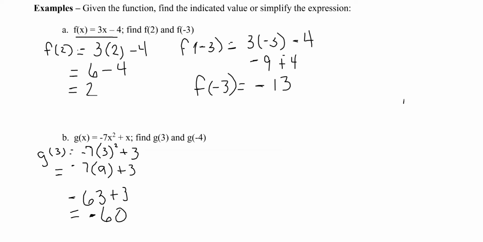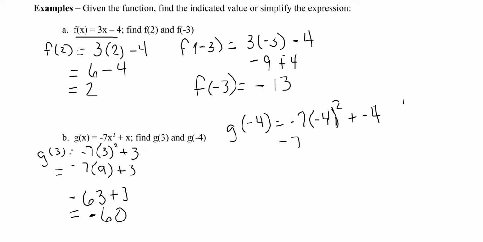All right, and next we are going to do -4. So g of -4, which means we'll do, again, -7 times -4 squared plus negative 4. So negative 4 squared is 16.